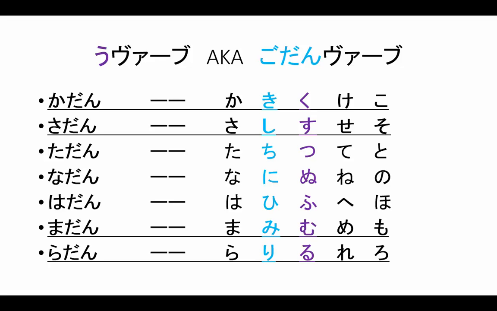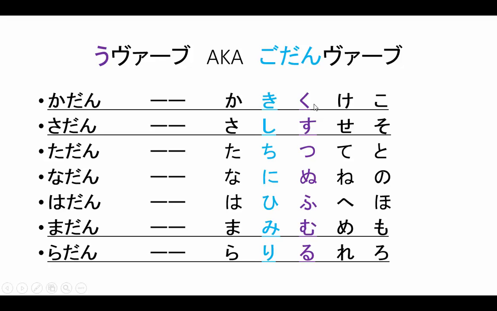Okay, so we've got kadan, sadan, tadan, nadan, hadan, madan, dadan listed here. I didn't list all of them just for the sake of having the print larger so you guys can read it easily. But notice what's in purple here. Ku, su, tsu, nu, fu, mu, ru. Do you notice anything about these?